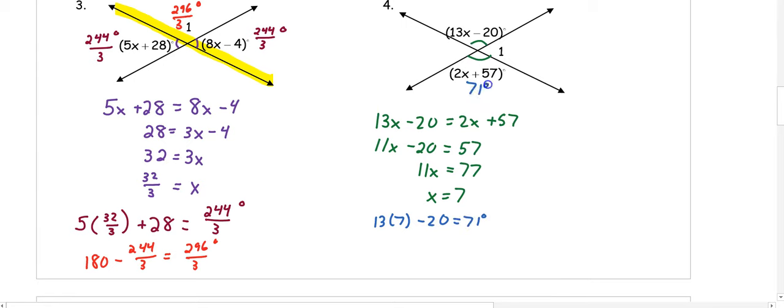So that means this angle is 71 degrees and this angle is 71 degrees. Then to find the measure of angle 1 again, I have a straight line. So the measure of angle 1 is equal to 180 minus 71, which is 109 degrees. So angle 1 has a measure of 109 degrees.